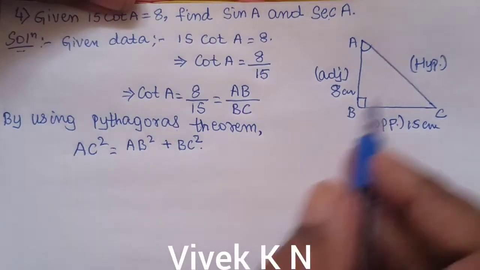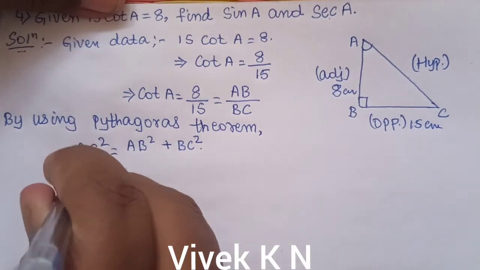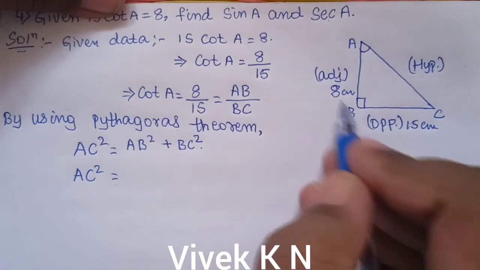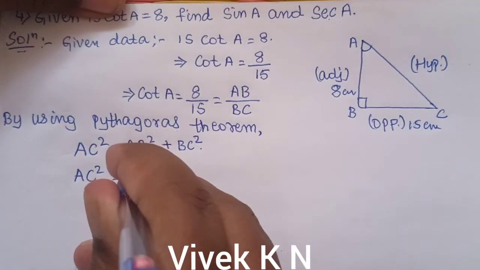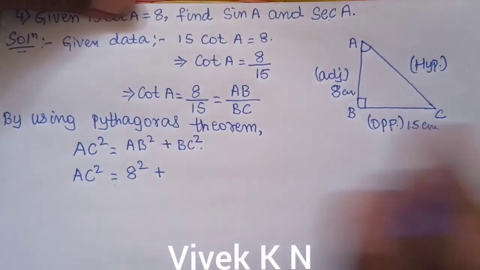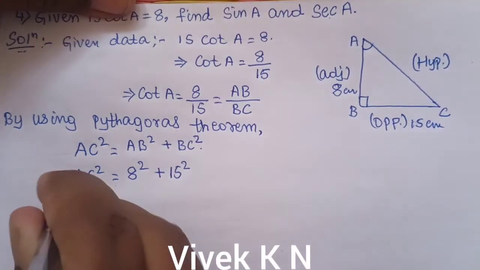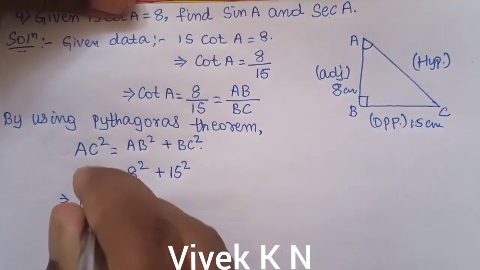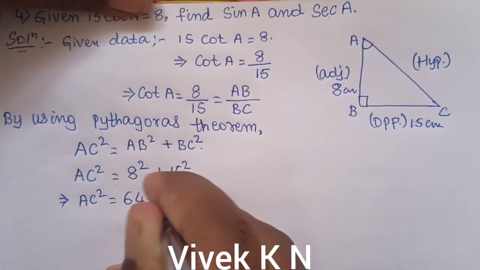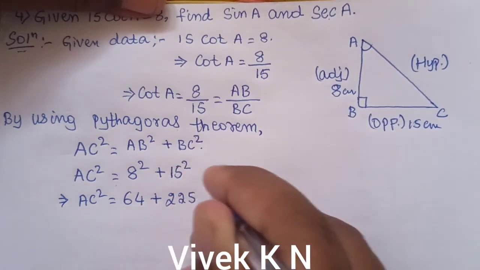The value of AC is unknown, so we have to write AC as it is. Then the value of AB is 8, that is 8 square, plus the value of BC is 15 centimeter, that is 15 square. This implies AC square is equal to 8 square, which is 64, plus 15 square, which is 225.